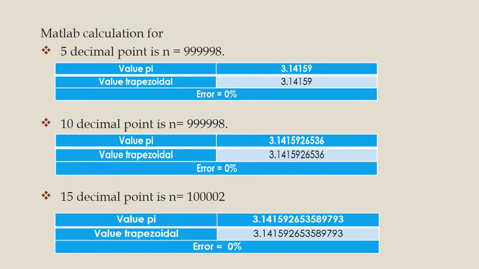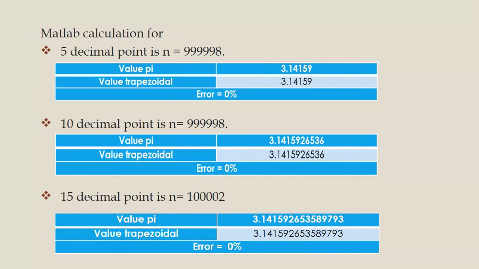And this obtains the trapezoidal value that is the same as the 10 decimal point value of pi, which is 3.1415926536. Then the code is set to calculate the 15 decimal point trapezoidal function value. The value of n is equal to 100,002, which shows a value almost similar to pi, which is 3.141592653589793.